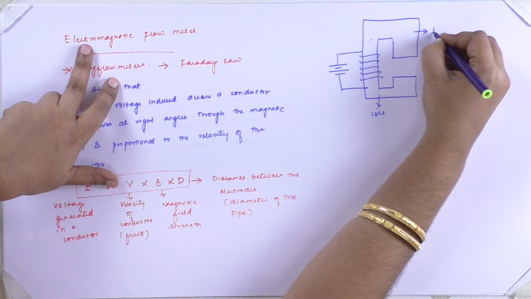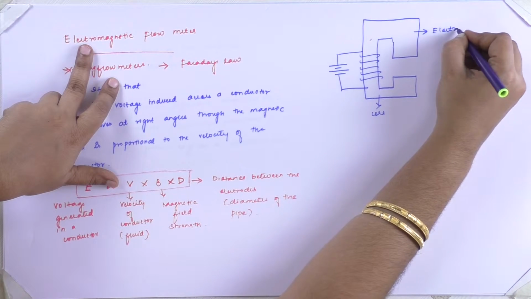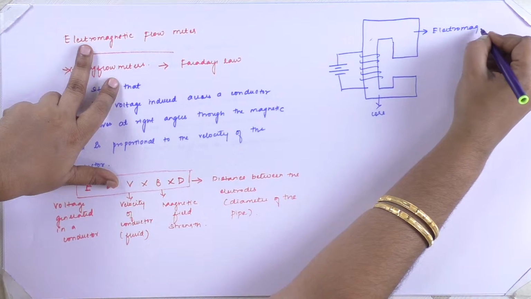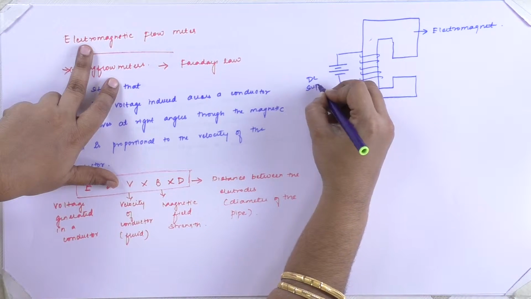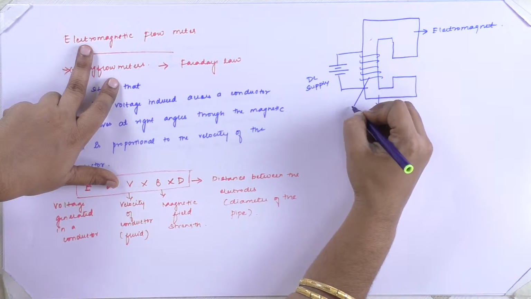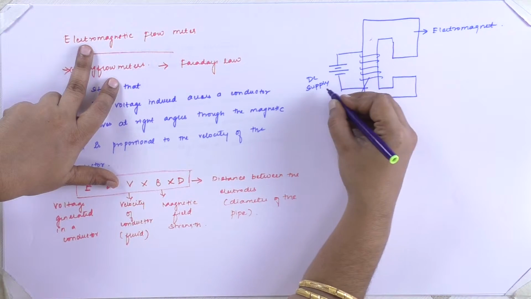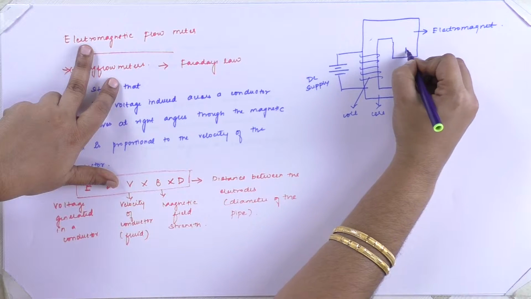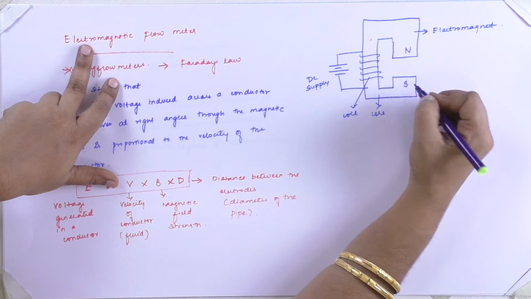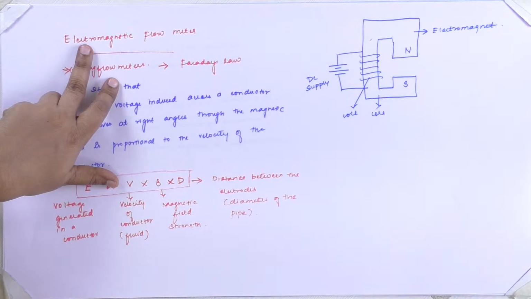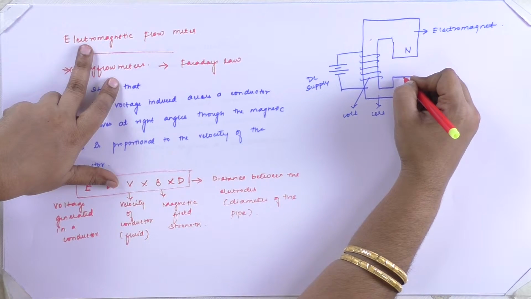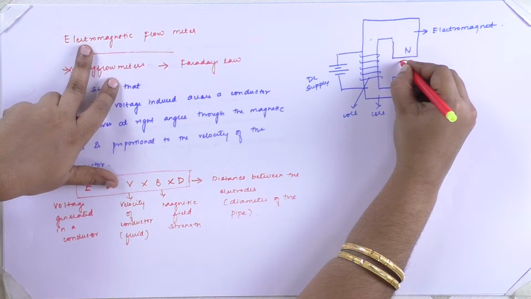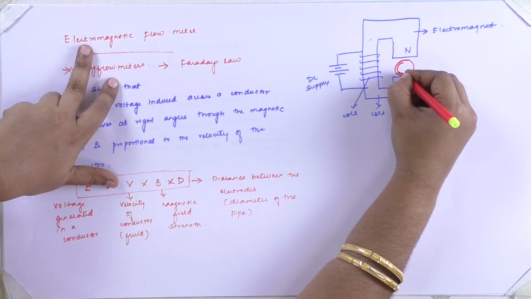This core acts as an electromagnet. When the coil is energized with the DC supply, the core acts as an electromagnet, developing north and south poles. In between the magnetic field of this electromagnet, the pipe which carries the fluid whose flow is to be measured is kept.